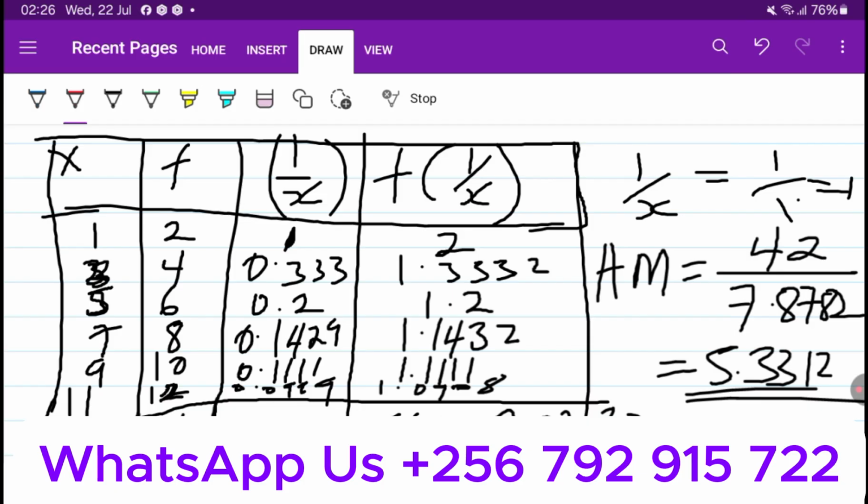Maybe just to conclude on the combined mean. Of course, for combined mean, it is very easy. The formula looks at two means when they have given you more than one average.